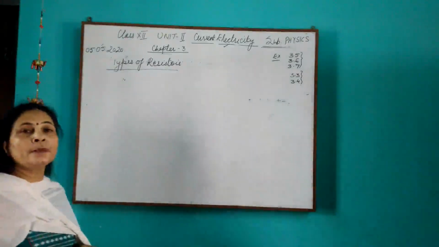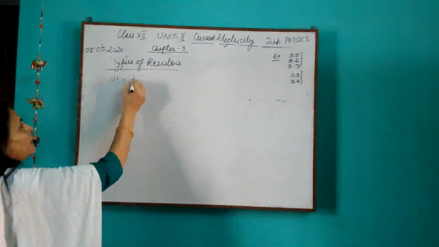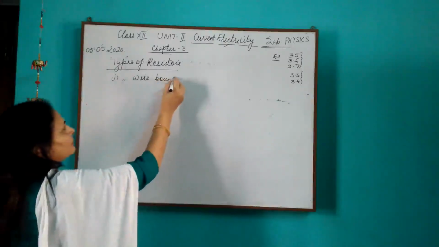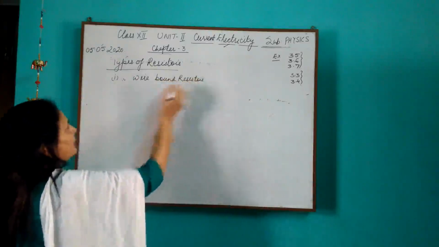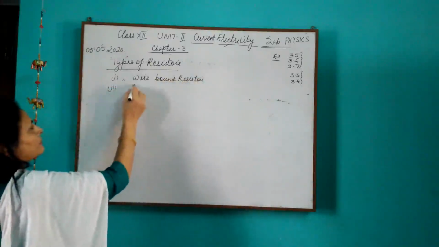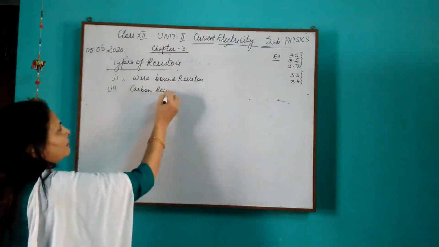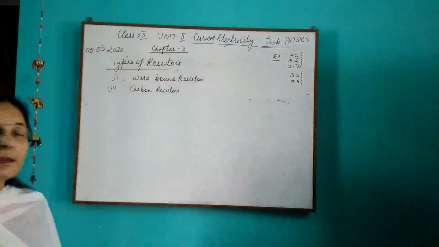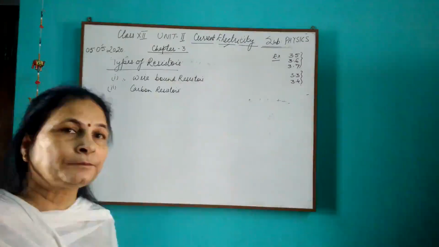Now in types of resistors, one is wire bound resistors and another is carbon resistors. See, wire bound resistors are made up of wires.